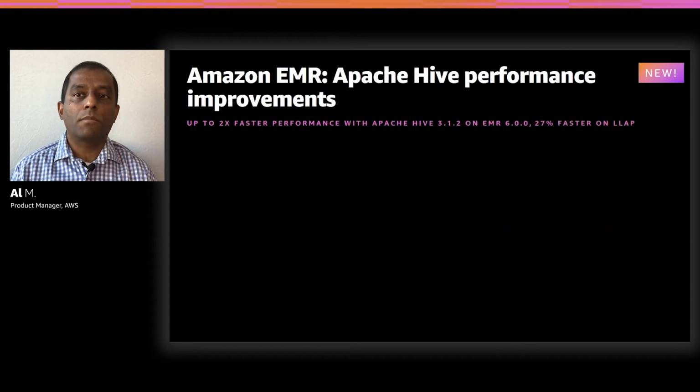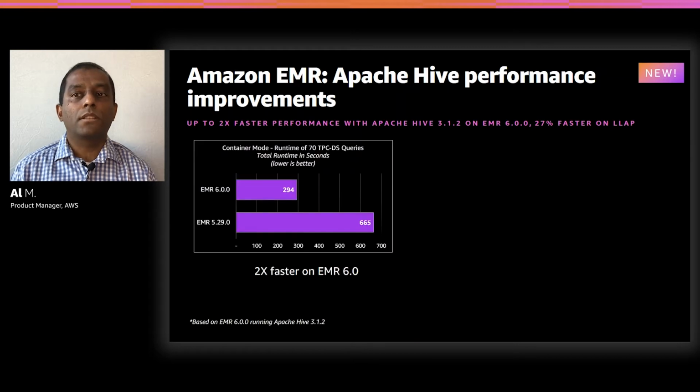Let us discuss performance improvements for Apache Hive. To evaluate the performance benefits of running Hive with EMR 6.0, we compared it with EMR 5.29. We benchmarked this comparison using 70 TPC-DS queries on a 3 TB Apache Parquet dataset on a 6-node C4 8XL EMR cluster.